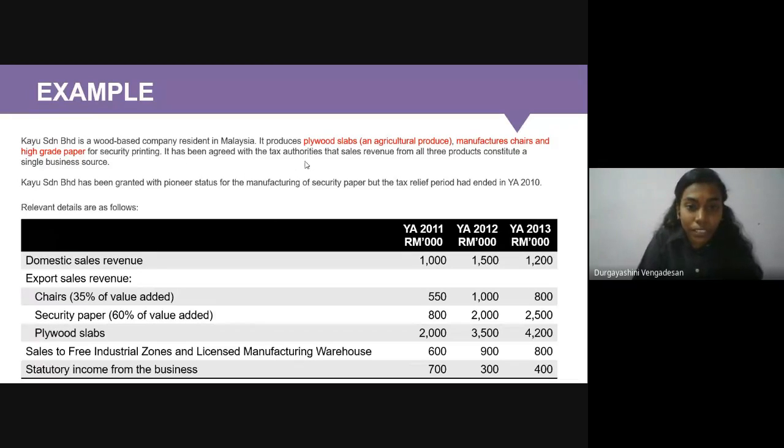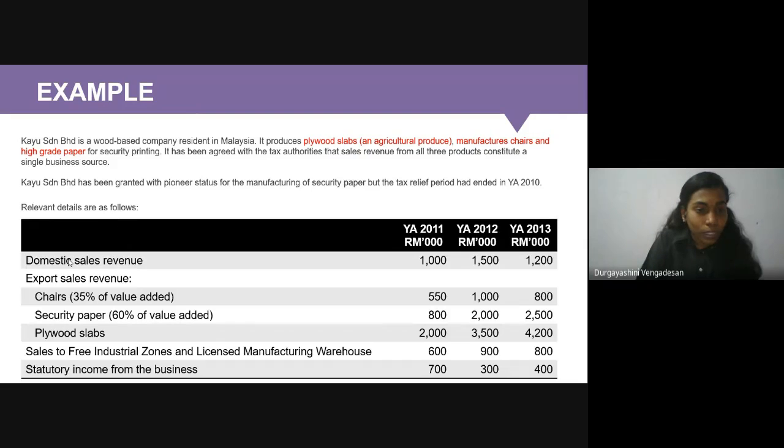It has been agreed with the tax authorities that sales revenue from all these three products constitute a single business source. Kayu Sanjan Berhad has been granted pioneer status for manufacturing of security paper, but the tax relief period has ended in the year 2010.